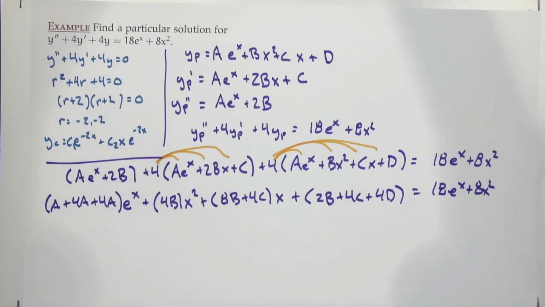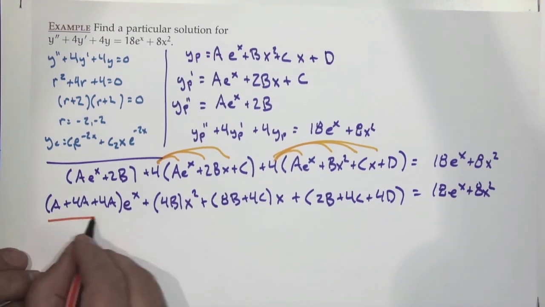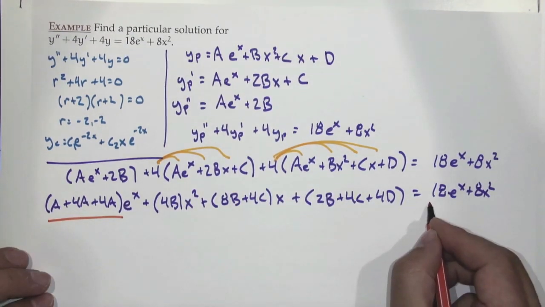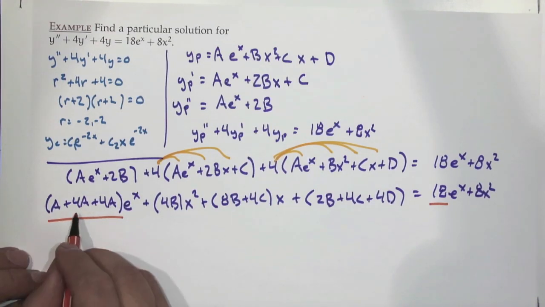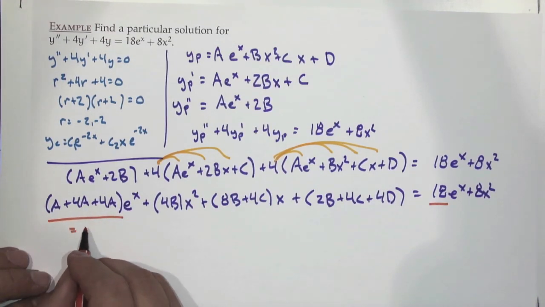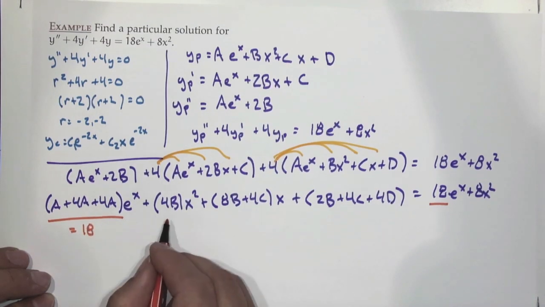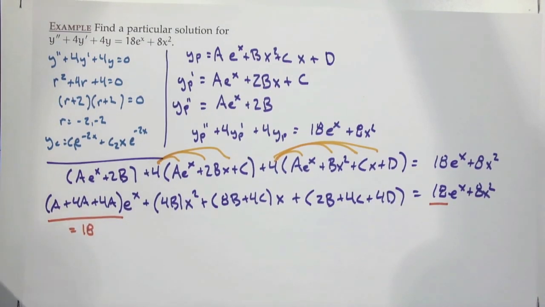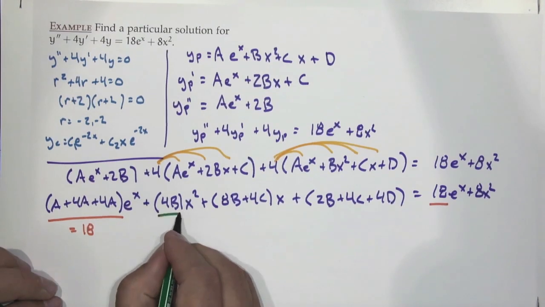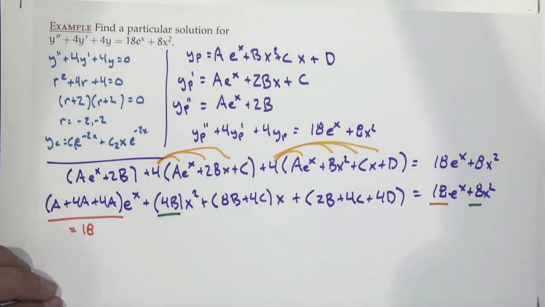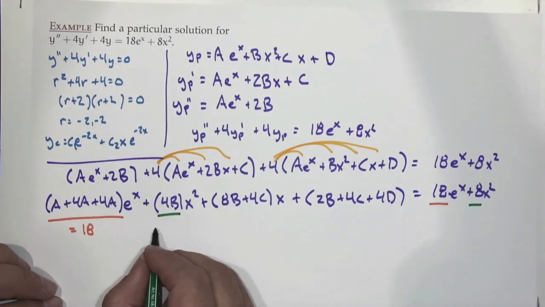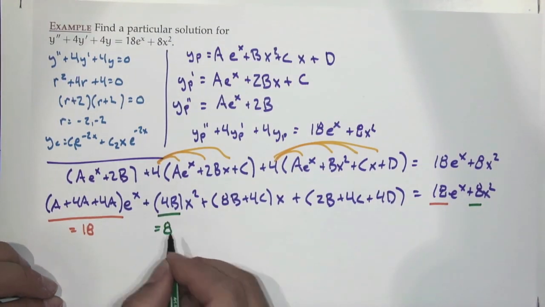Now here's a fun fact. If two things are equal, the coefficients have to match. So for example, this coefficient of e to the x has to match that coefficient of e to the x. So what does this a plus 4a have to equal? 18. Similarly, this coefficient of 4b, which is the coefficient of x squared, has to match the coefficient of x squared there. So what does 4b equal? 8.